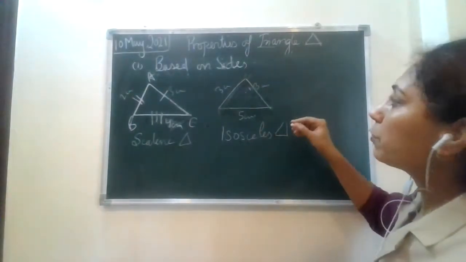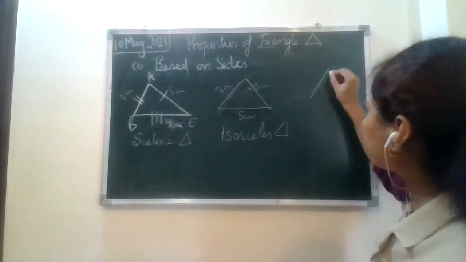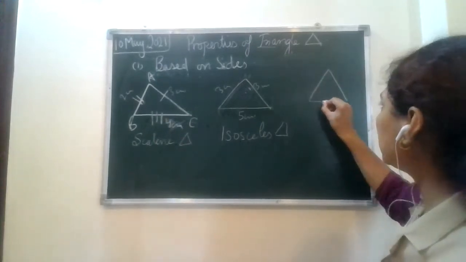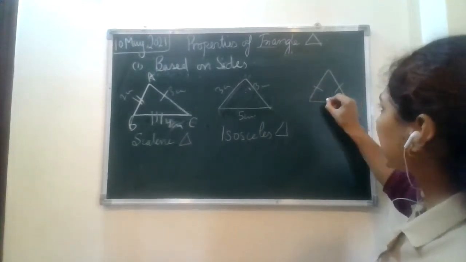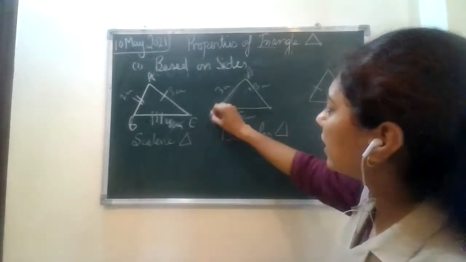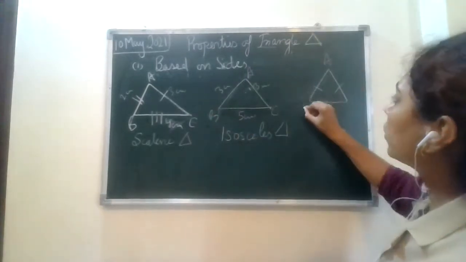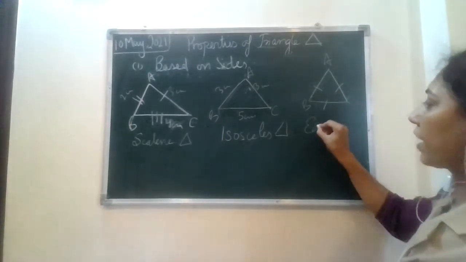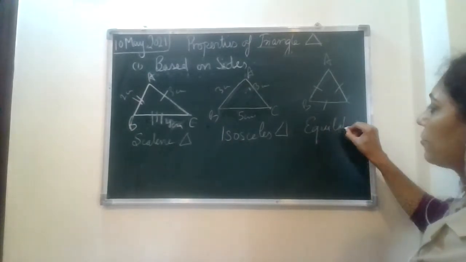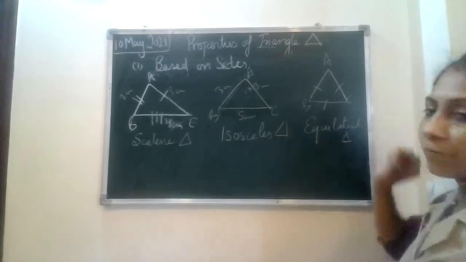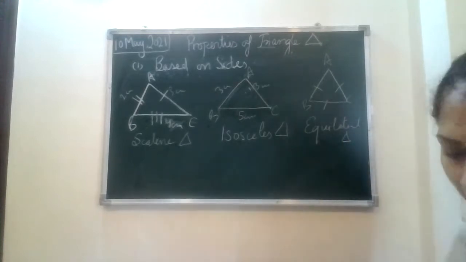Now, the third type of triangle is when all the sides are equal. Then it is called an equilateral triangle. Easy? These are the three types of triangle.